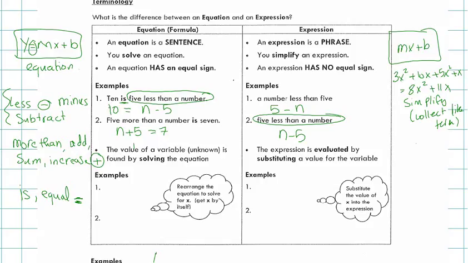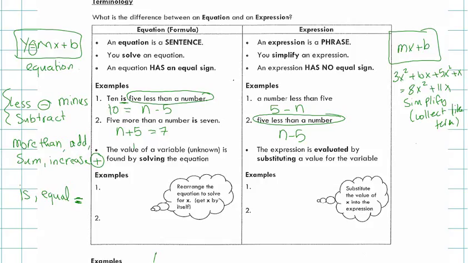Okay? I want you to go back to yesterday's homework. And let's look at question number 4. Okay, question number 4 says, increase the sum of -3 and 5 by 6. What does that mean?